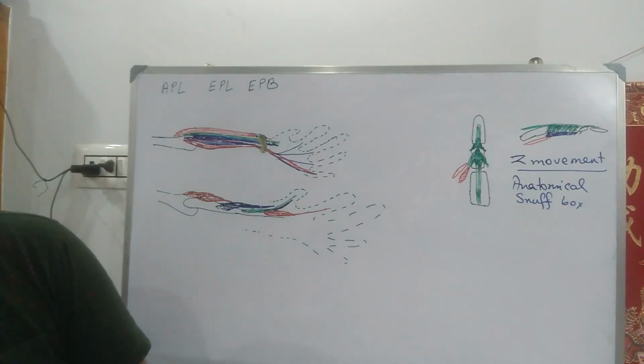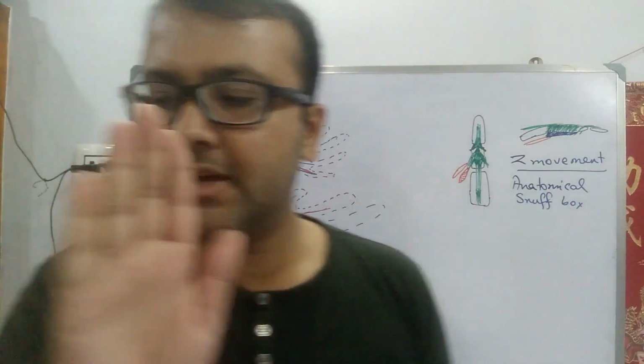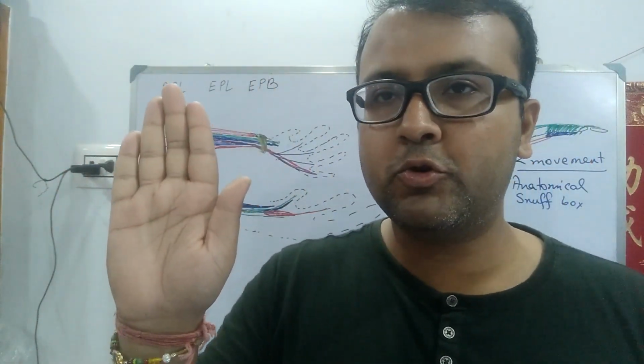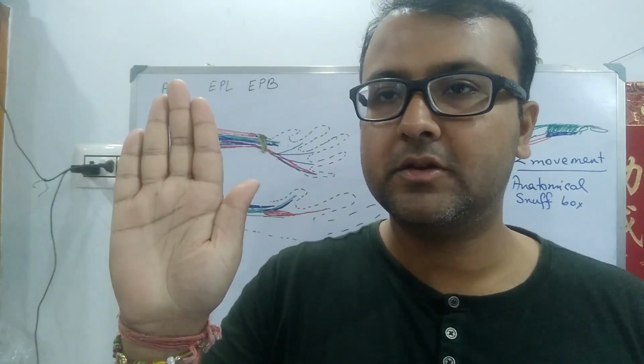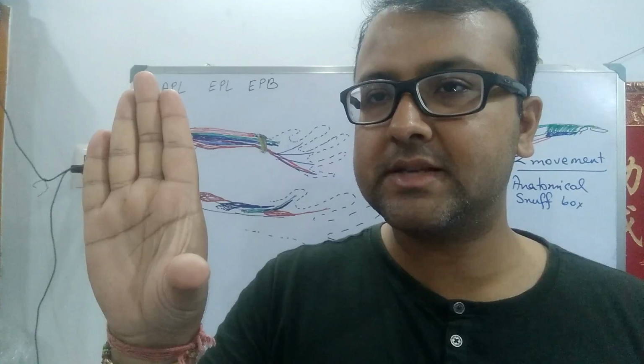Now, in case you are wondering what we mean by thumb extension and flexion, just understand this. These are very simple, but you have to know this. Suppose this is my thumb over here. When I do this movement, it is abduction.